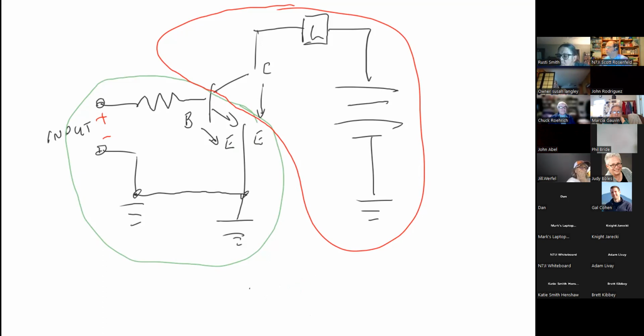So if there was a setup like this, the purpose of this is to charge up the battery on the right, and the lamp shows you when current is going to that battery to charge it up. No. This over here on the right is a completely separate circuit, which is being controlled by the circuit on the left.